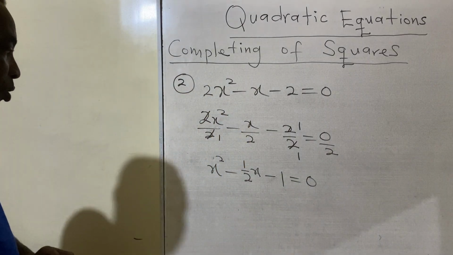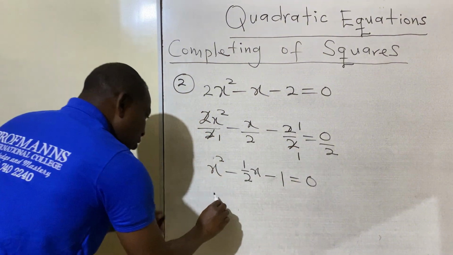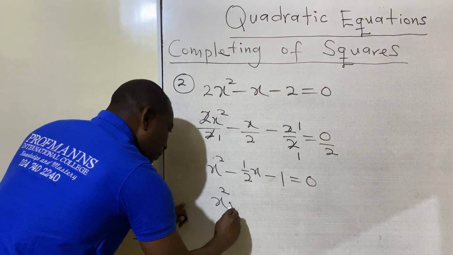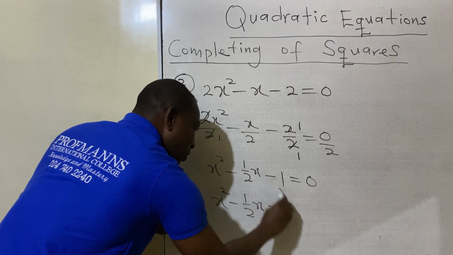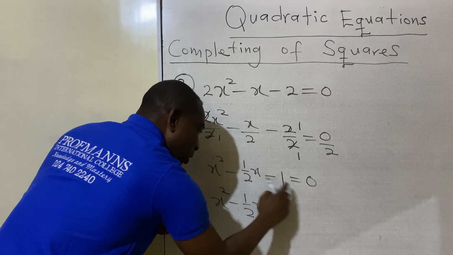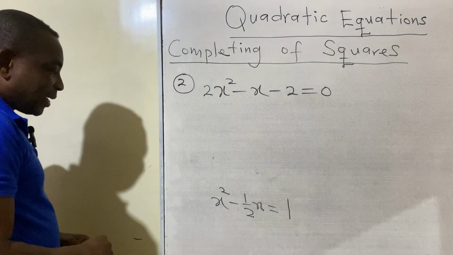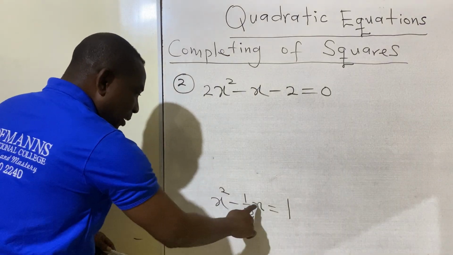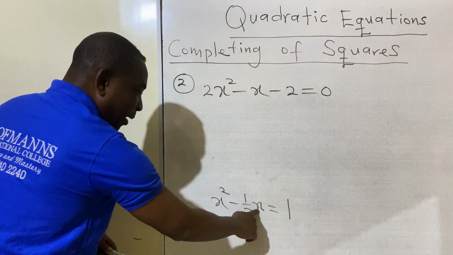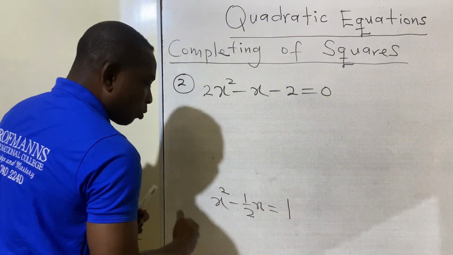So the next step is to take the constant term to the other side of the equal to sign. So it becomes x squared minus 1 over 2x is equal to, this is positive, minus, when it crosses, it becomes what? Positive 1. The next step here is to divide the coefficient of the x by 2, square it, and add it to both sides of the equal to sign.